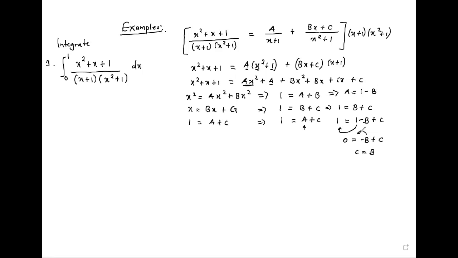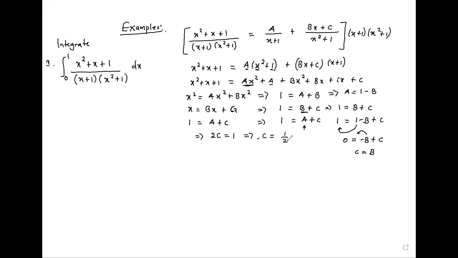Now, when C is equal to B, then we're almost done. We go to which equation? This one. Since we know that B is equal to C, where there is B, we'll put C. So we'll have 2C is equal to 1, telling us that C is equal to 1 over 2.